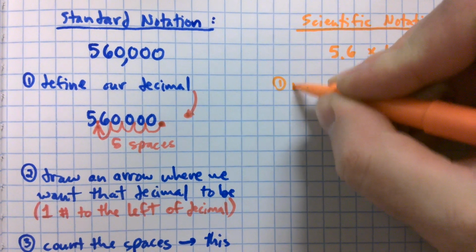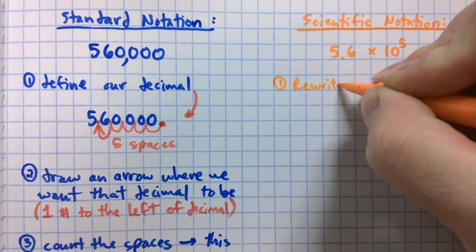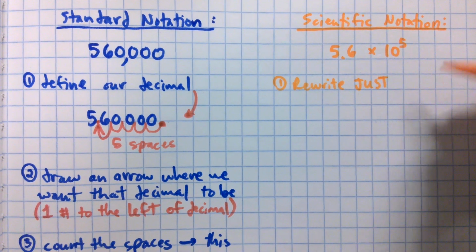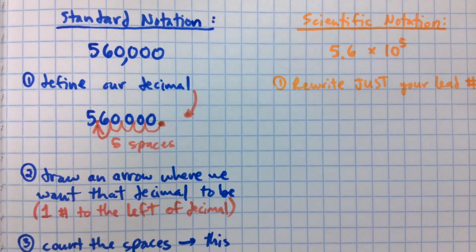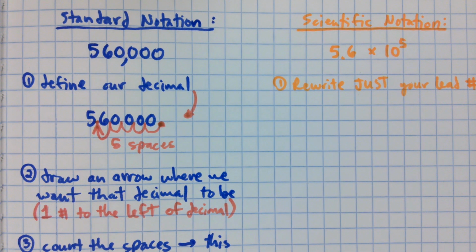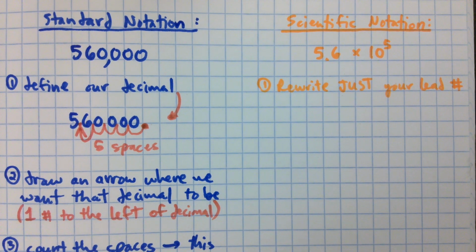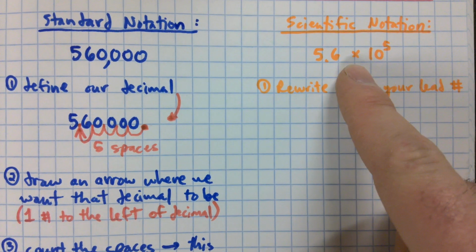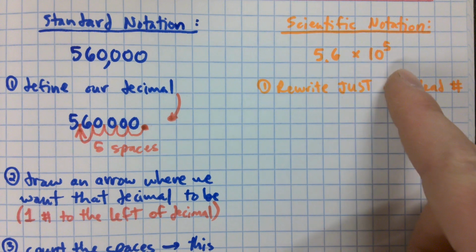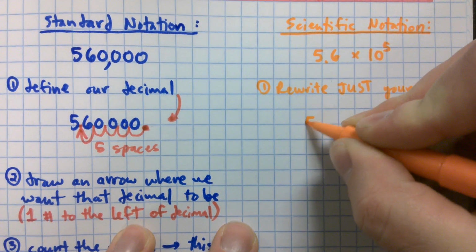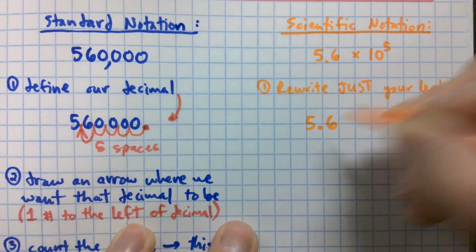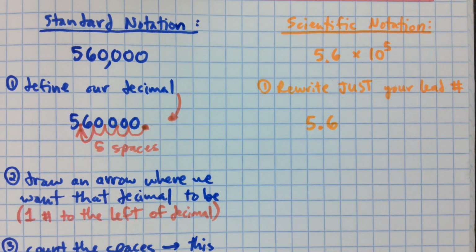First thing we need to do is rewrite just your leading number. What's my leading number here in orange? 5.6. There's my leading number. I'm going to forget my power of 10 for a second.